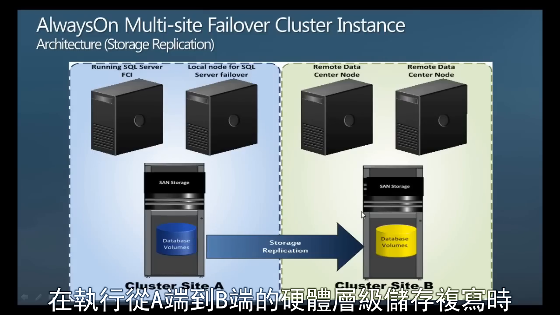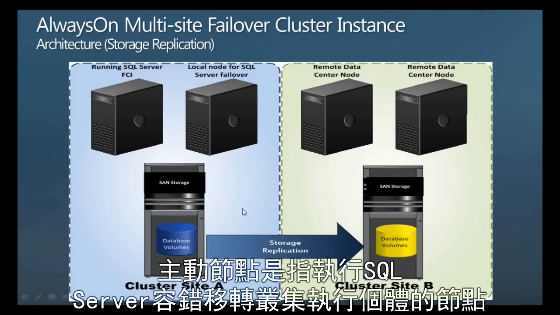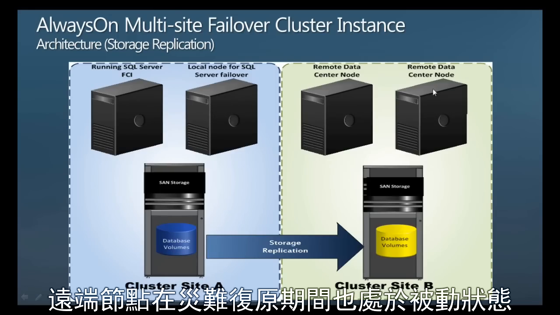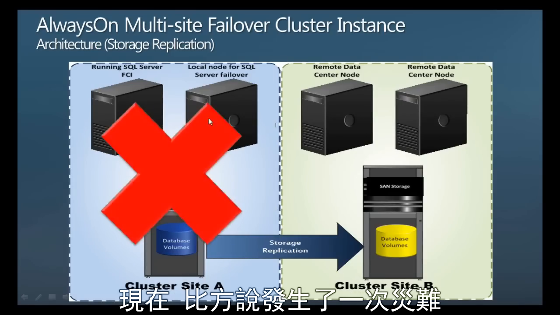And you have hardware level storage replication from site A to site B. Right now, the active node is this one running the SQL Server failover cluster instance. The local node is passive for local HA, and the remote nodes are also passive for disaster recovery. Now let's say a disaster happens.